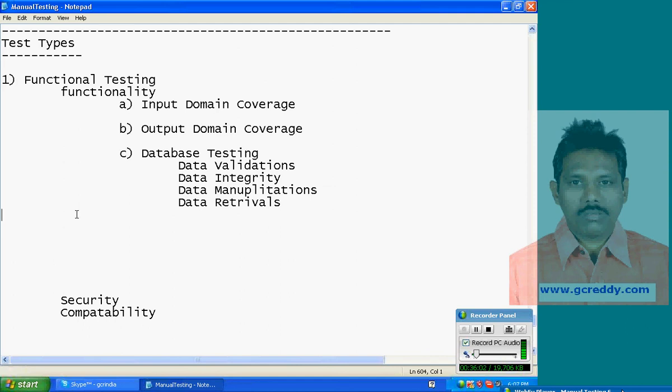Have you heard this term report? Report. Lalita, have you heard this term report in databases? What is report? Okay. Actually, banking people and insurance people take daily reports.